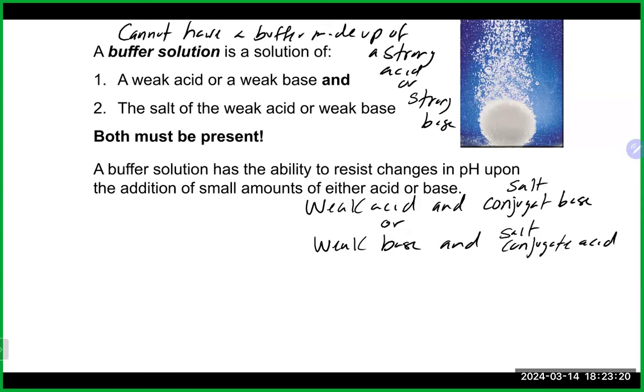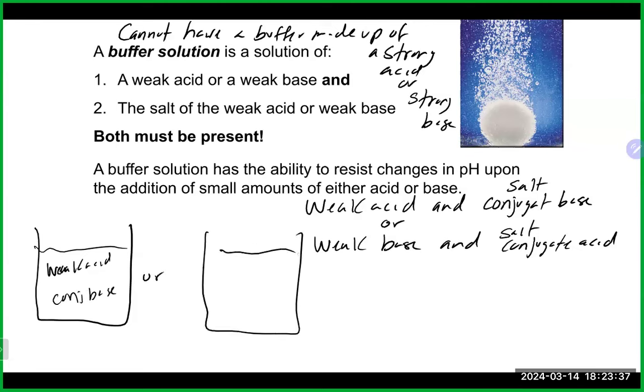So in the beaker you need to have a weak acid along with its conjugate base, or a weak base and its conjugate acid. Once again, it is not a buffer if both of those things aren't swimming around to begin with.